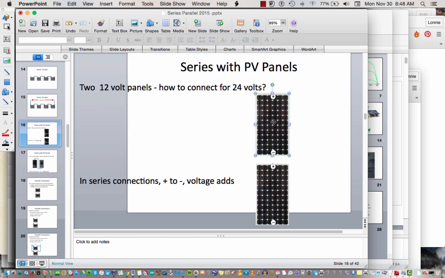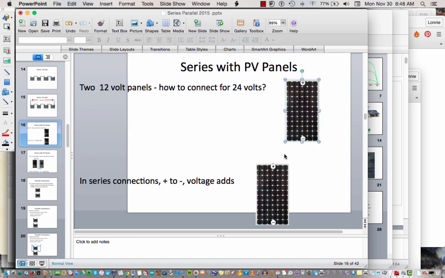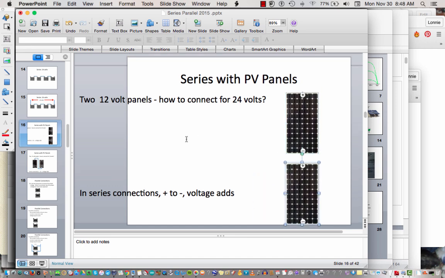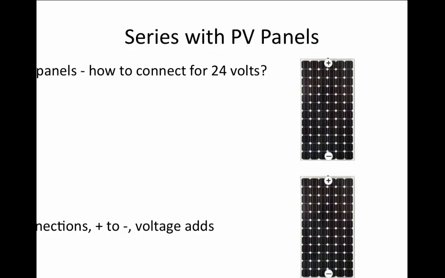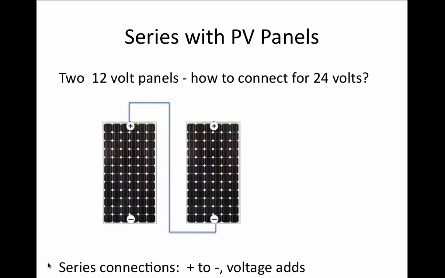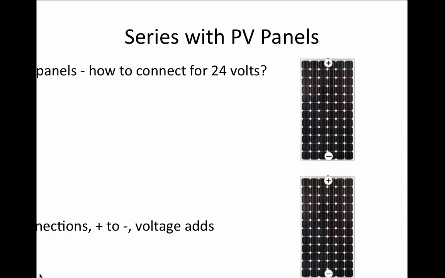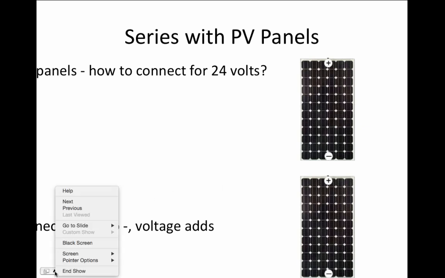If I had drawn these two like this, put them in this relationship, then you see how easy it is to connect the positive to the negative. In this case, you can see how much easier it is to see this series connection. Because all I have to do, there it is.